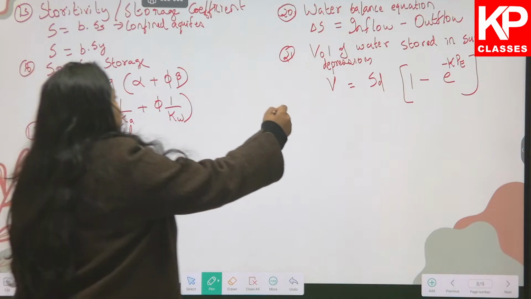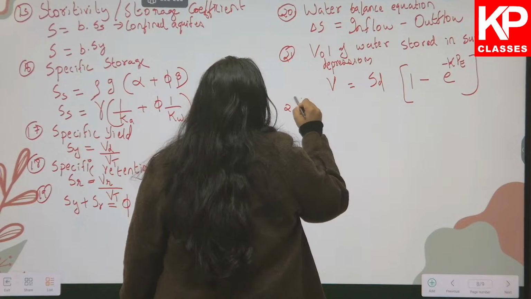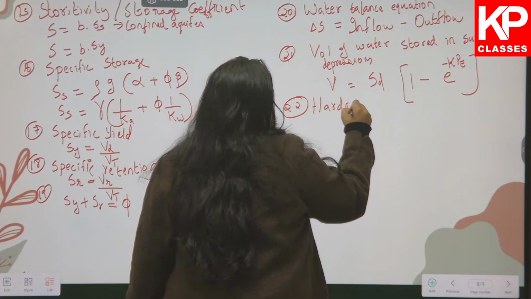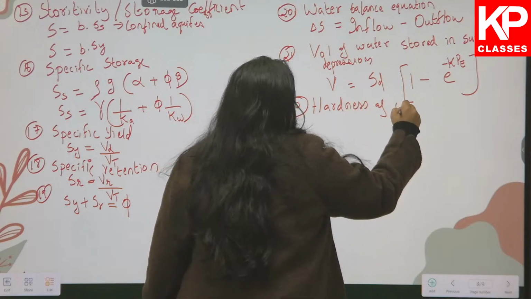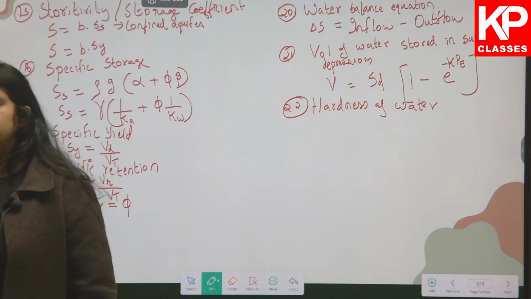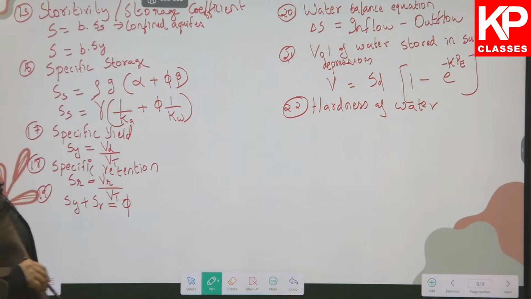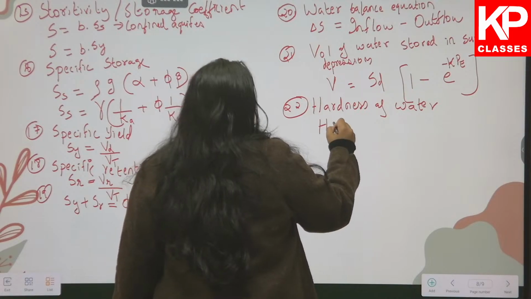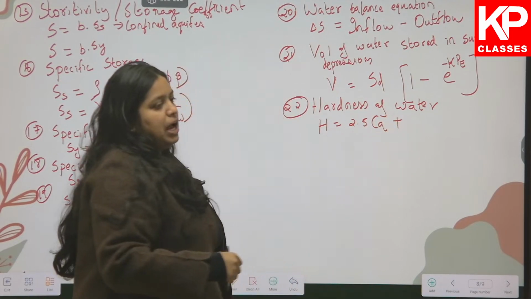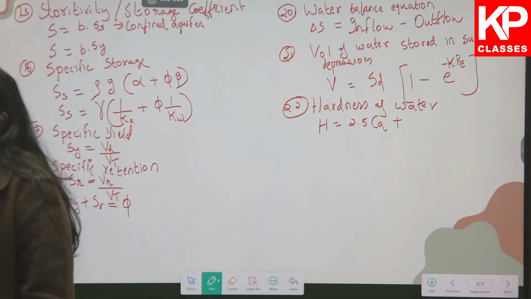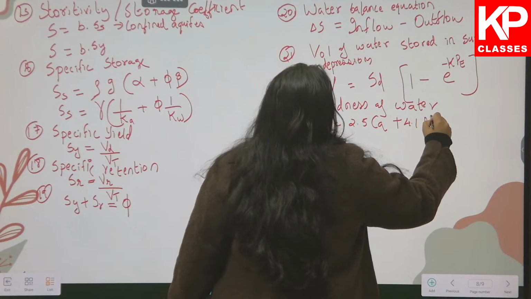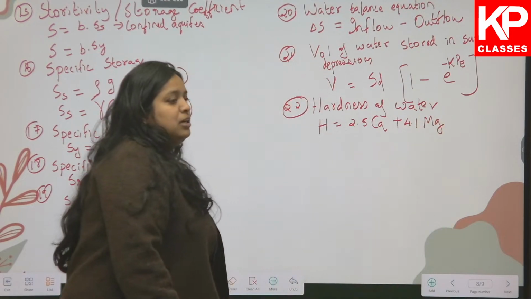Then the equation for water hardness. Hardness of water is defined by 2.5 times the amount of calcium content in the water plus 4.1 times the amount of magnesium content in the water.